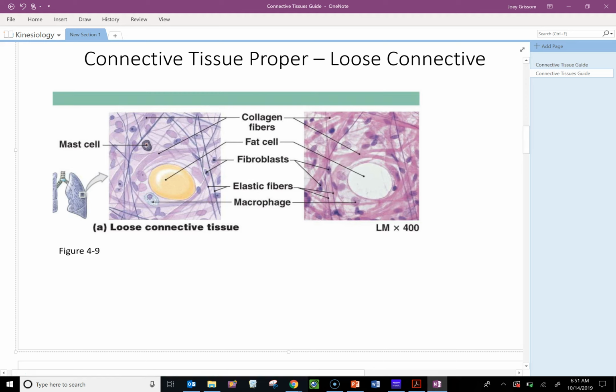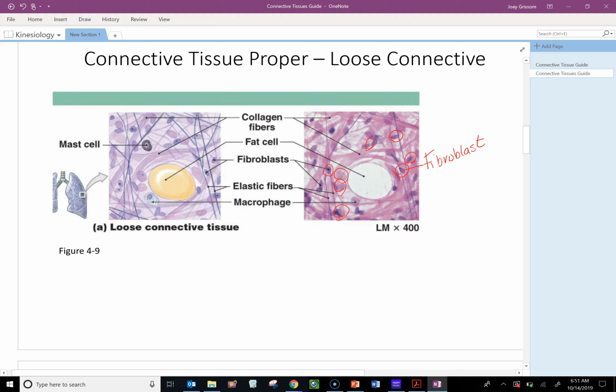So this loose connective tissue, again, similar to our areolar connective tissue. When we're looking at these under the slides, you're going to see a lot of these little nuclei. These nuclei represent the fibroblast. Once I can identify the different tissue types, the thing I'm looking for here is the connective tissue fiber.